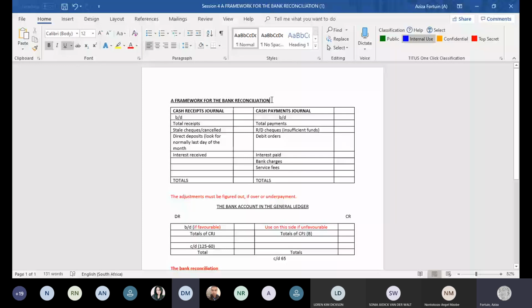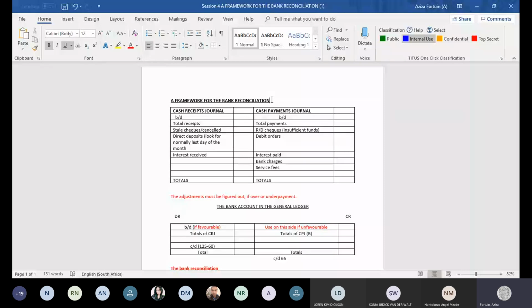Okay, a framework for the bank reconciliation. Right, so we know that in order to do our bank reconciliation, we need a cash receipts journal and a cash payments journal. But this cash receipts journal and cash payments journal is not a cash receipts journal and a cash payments journal per se.